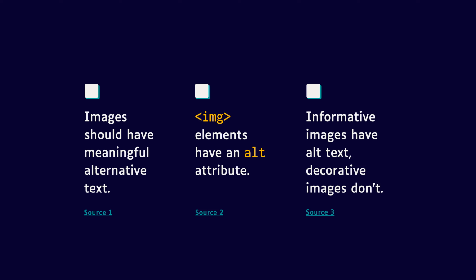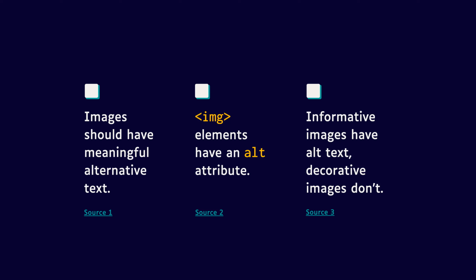So that's how this can create some sort of limitations. But it's also very broad, and it can be misinterpreted, because here again, it gives the impression that all images should have an alt attribute, but it could be empty, or it could be filled with a lot of text. It's not very clear. And then the third example is: informative images have alt text, decorative images don't.